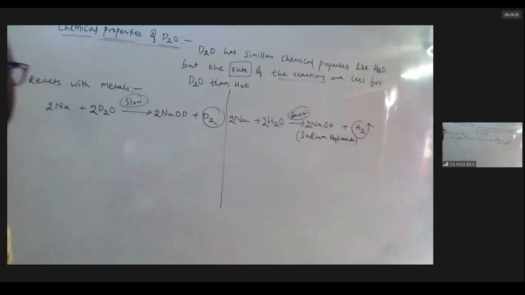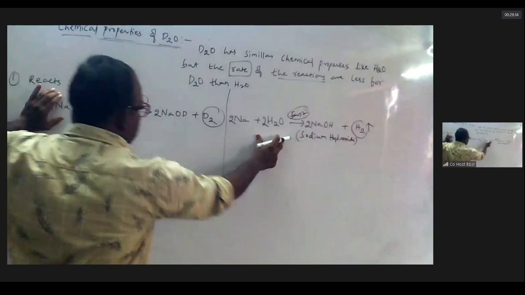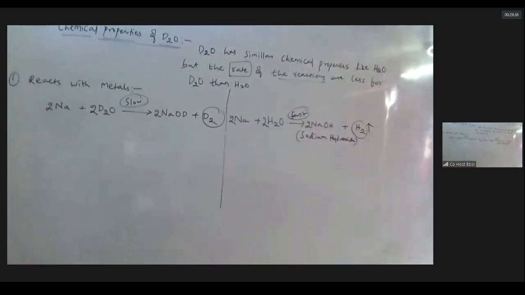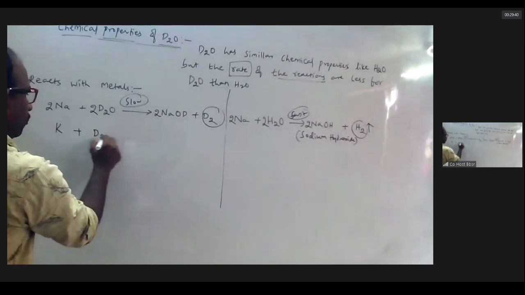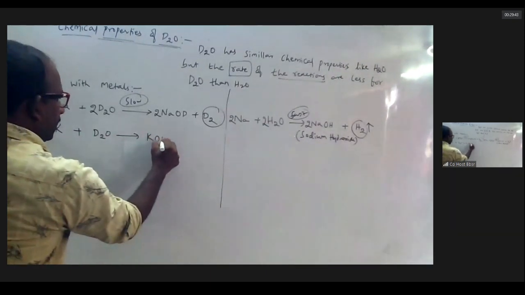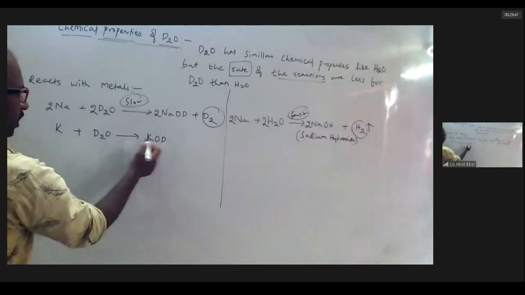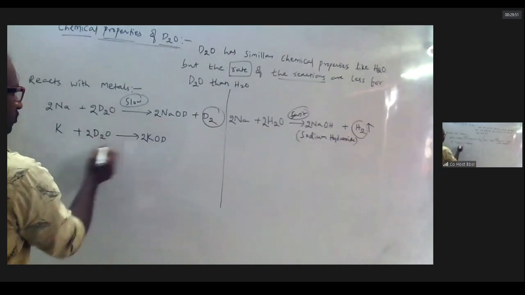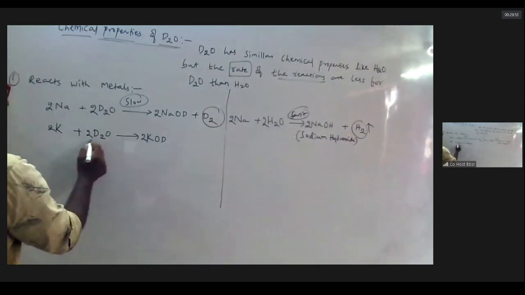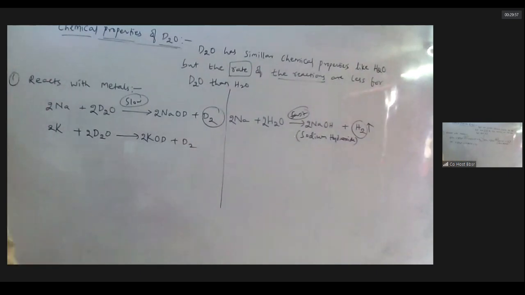So now see, it reacts with metals. D2O is reacting with metals. Water is also reacting with metals. Potassium, D2O, KOD, right? 2 deuterium, so take 2 D2O, 2 oxygen, 2 potassium. So there are 4D here, and so D here.